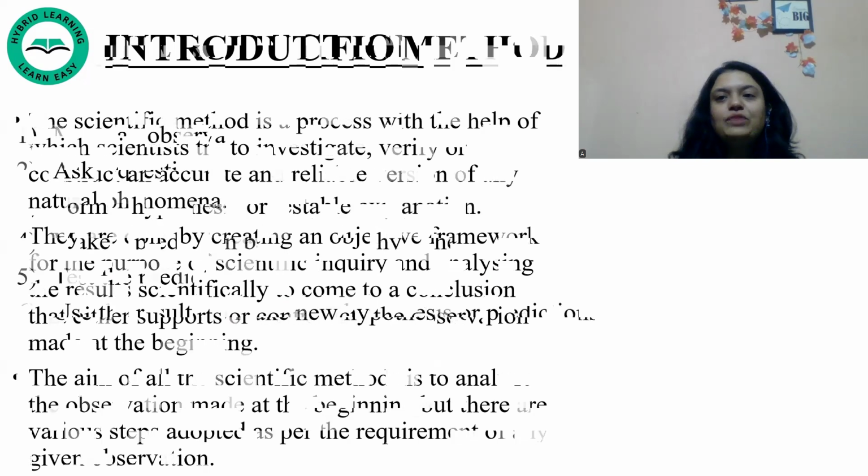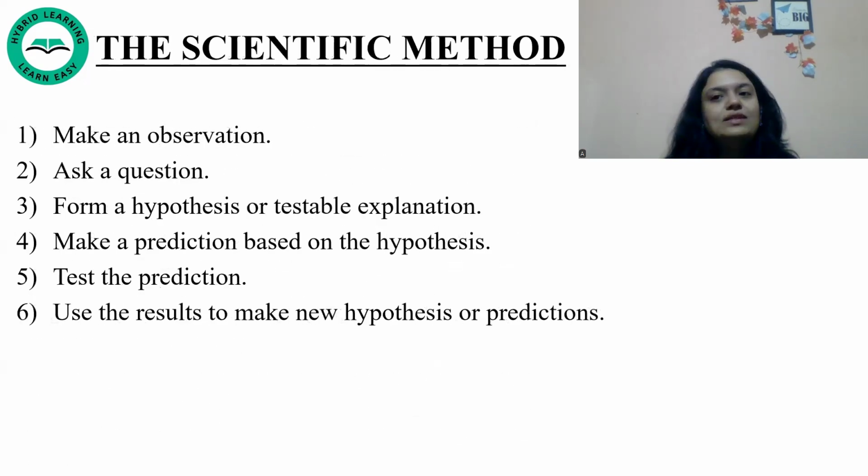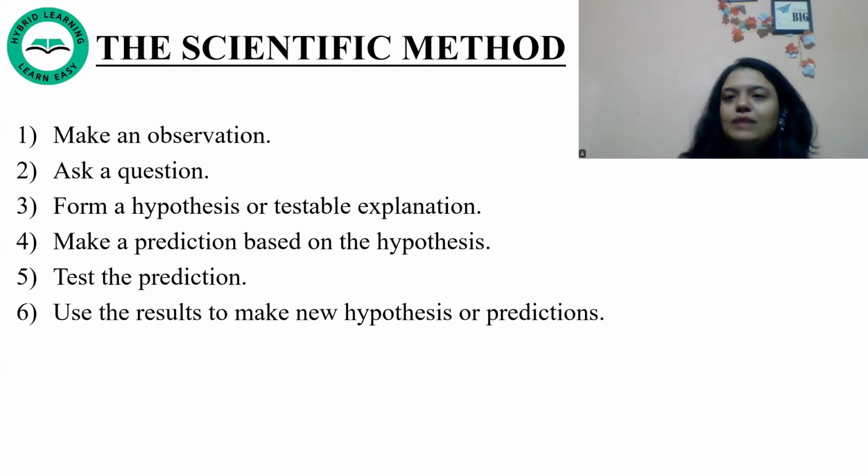So let us see what are the different ways of handling such a scientific method. First is to make an observation. Now, depending on that observation, I can ask a question. Why is it happening? What is the problem behind it?